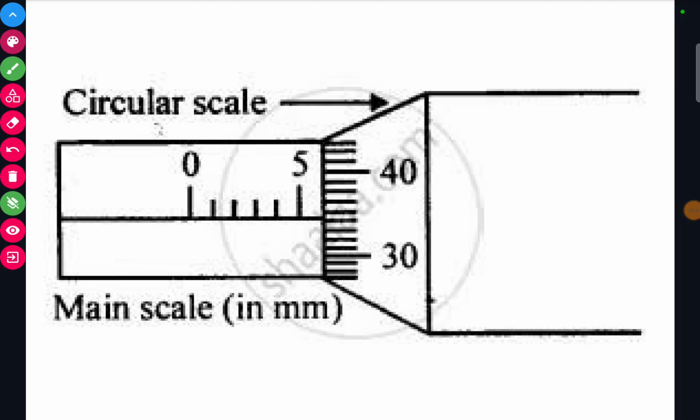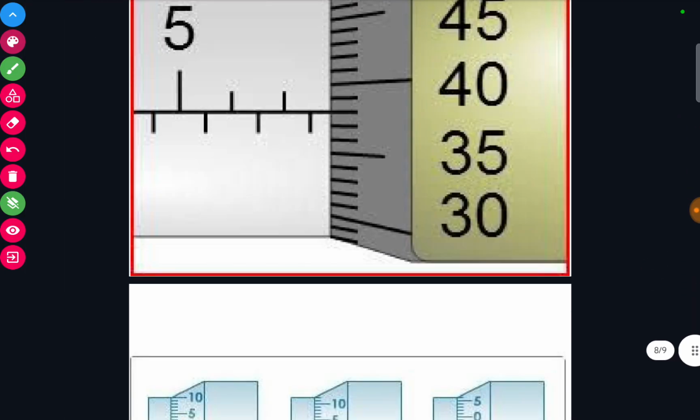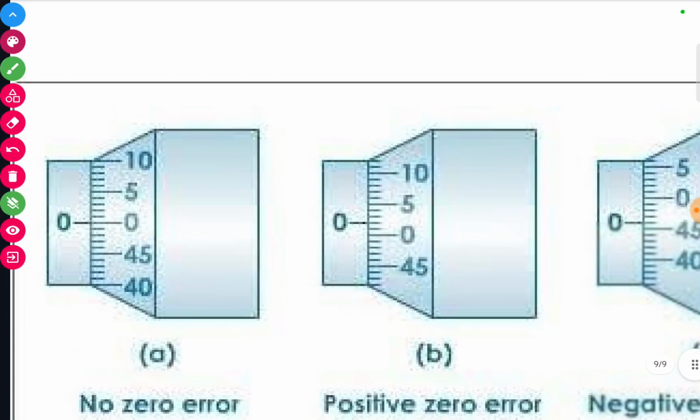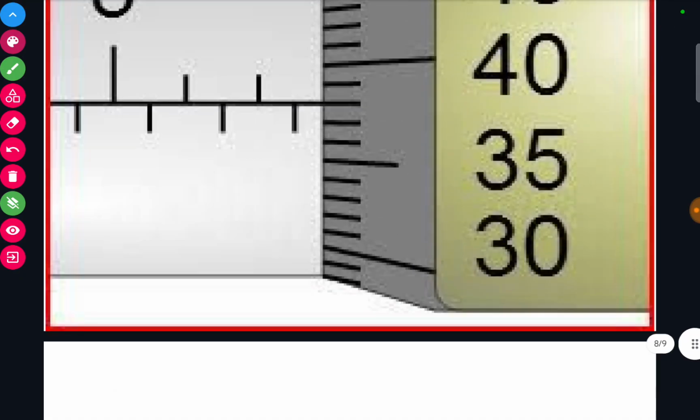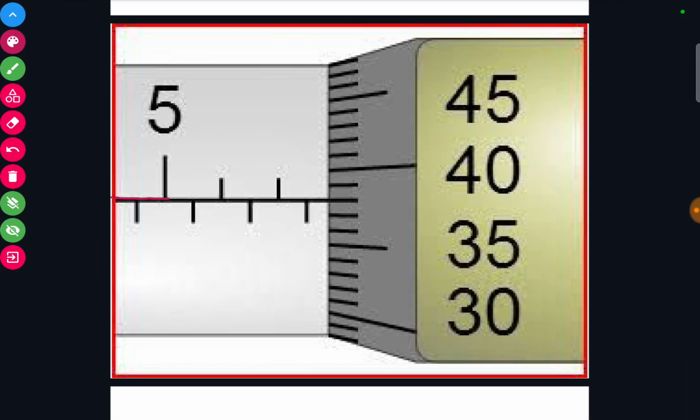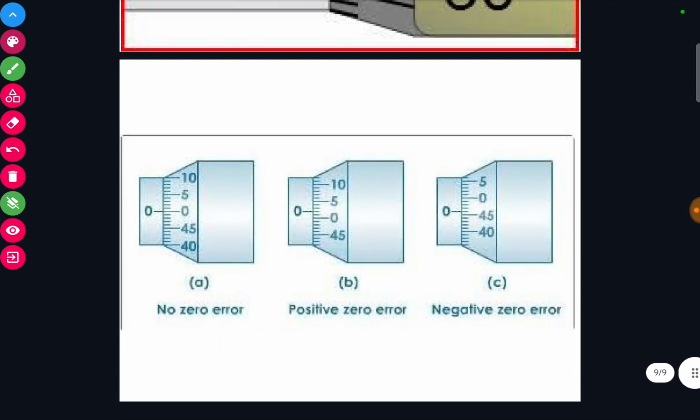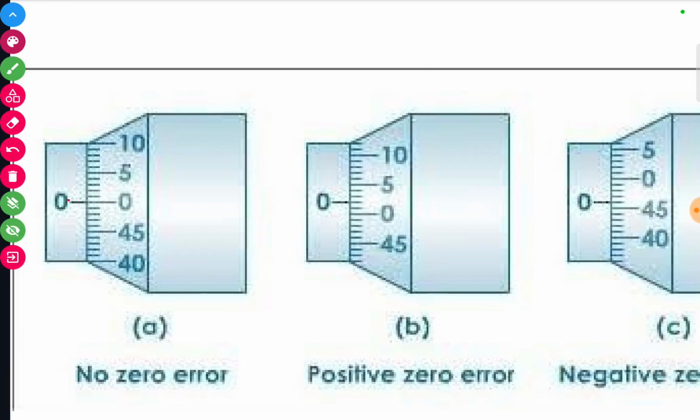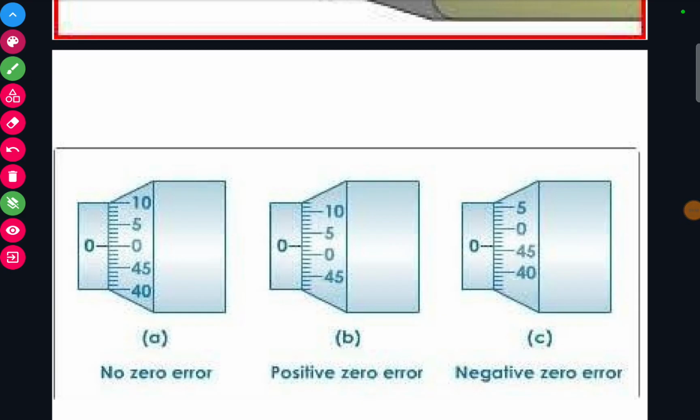So how to find out the observation? We know that if there is no zero error, then we can take the observation in this manner. What do you mean by no zero error? It means that this is the baseline of the main scale, and this is a circular scale division.